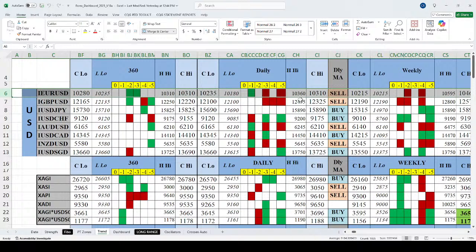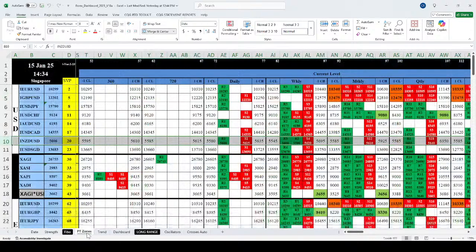On the downside, if the 280 breaks, we should see the market turning before 235. So we have 310 and 360 on the high side, and on the downside 280 and 235. Okay, let's see the PT zones.